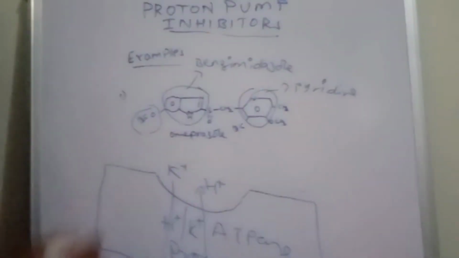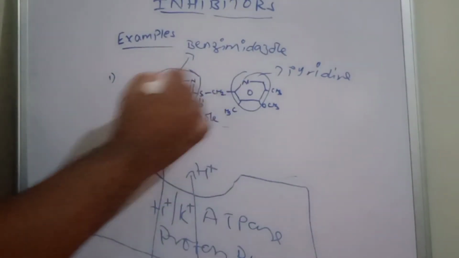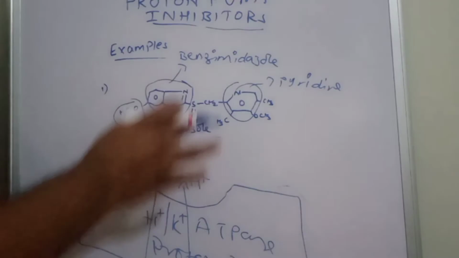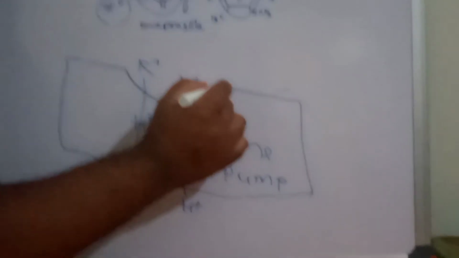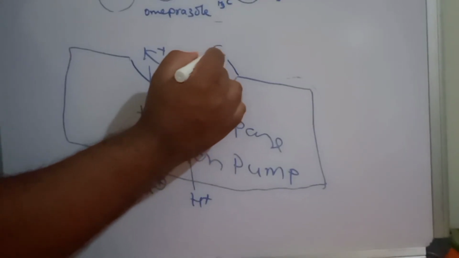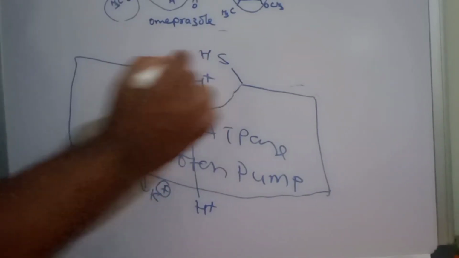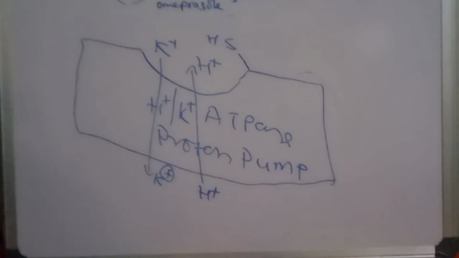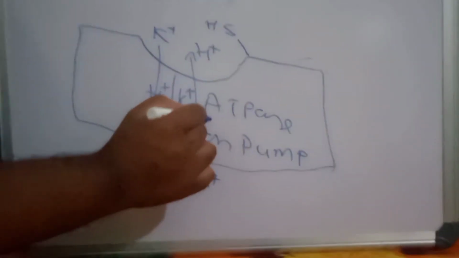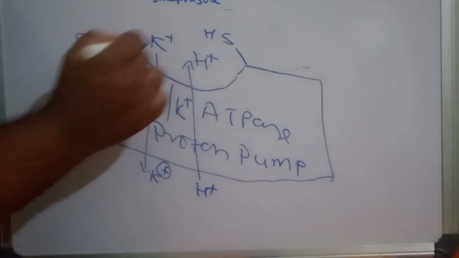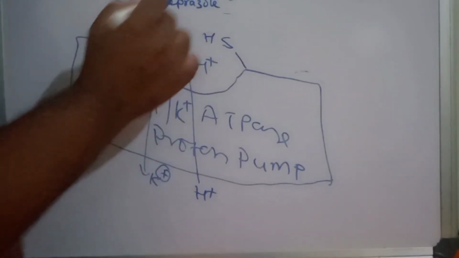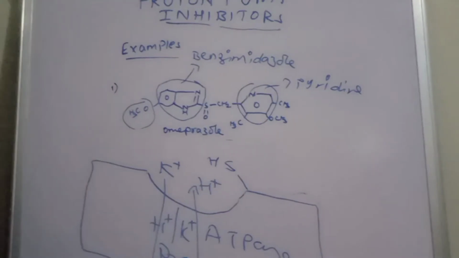Now how is it prevented? Let me take omeprazole or pantoprazole as an example of how it inhibits. Generally this hydrogen potassium ATPase contains majorly sulfhydryl groups. Now what happens when you take omeprazole on an empty stomach?